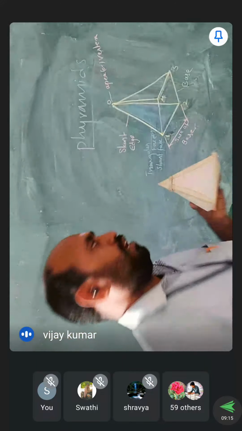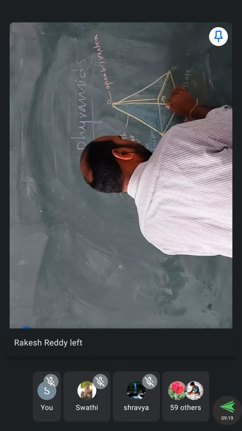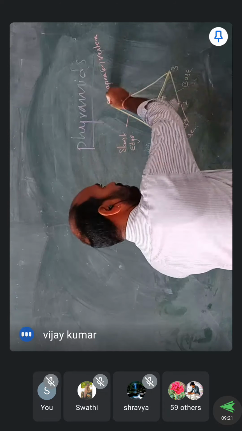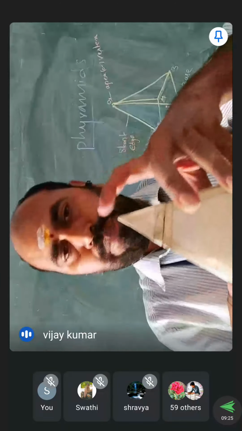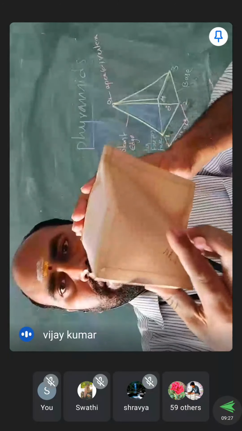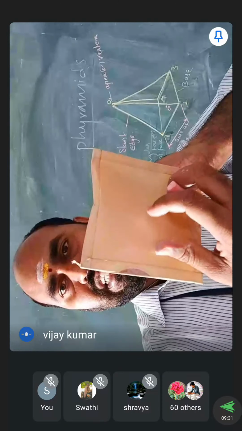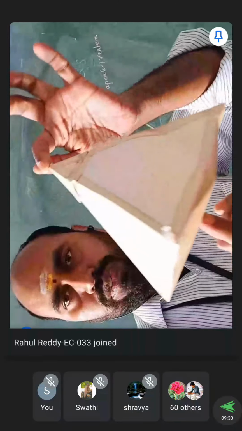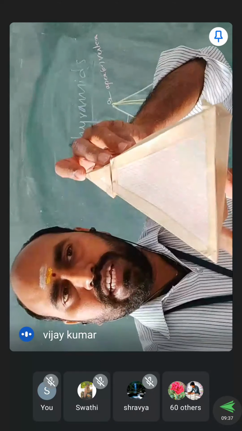The center of the base, this is the center, is represented with O, and this apex point is represented with O1. So the center of a base or square base is here, and the imaginary line used for joining the center of the base to the apex point.